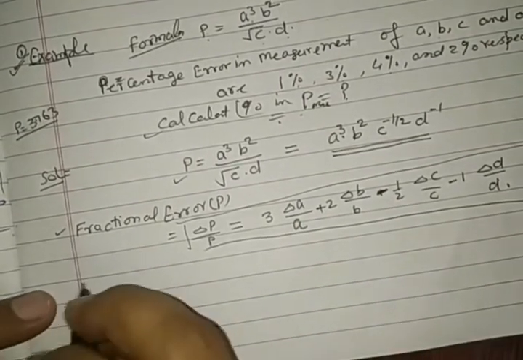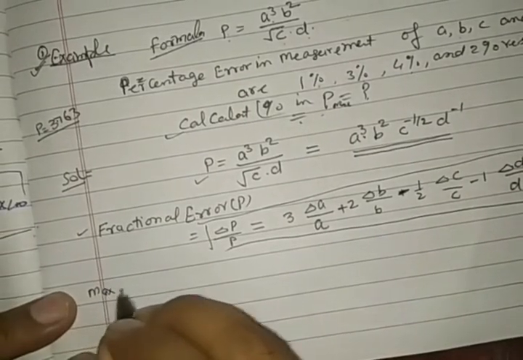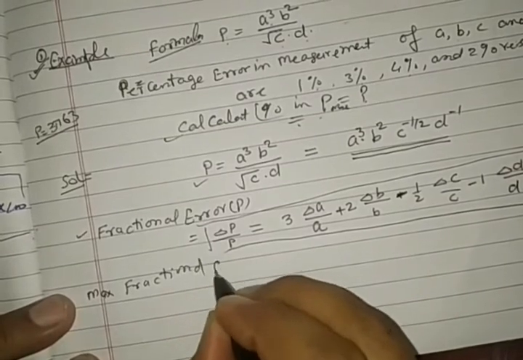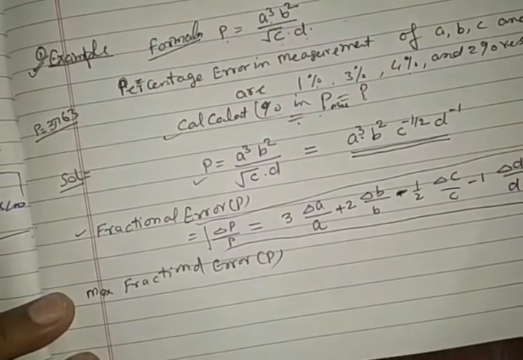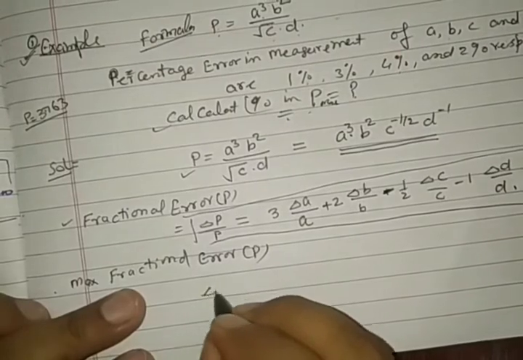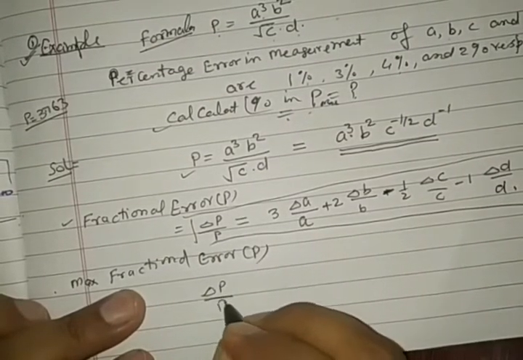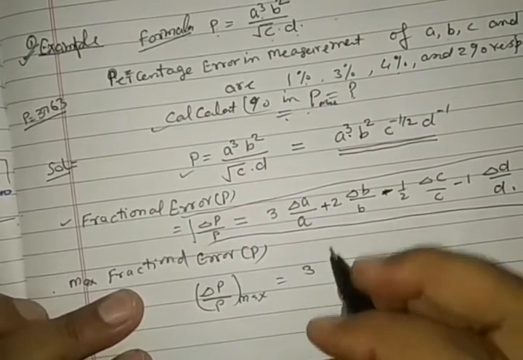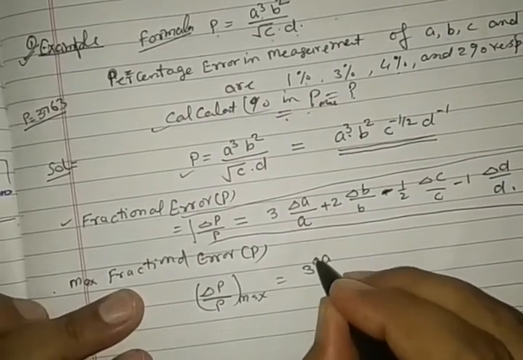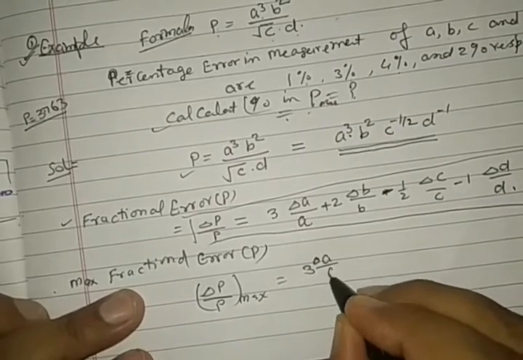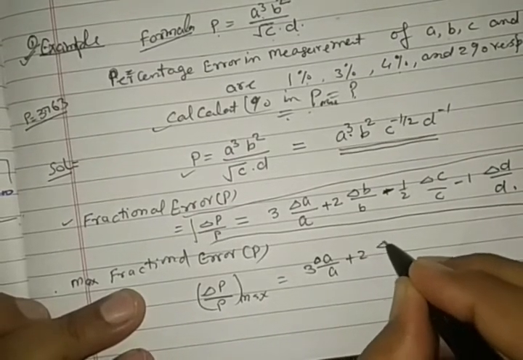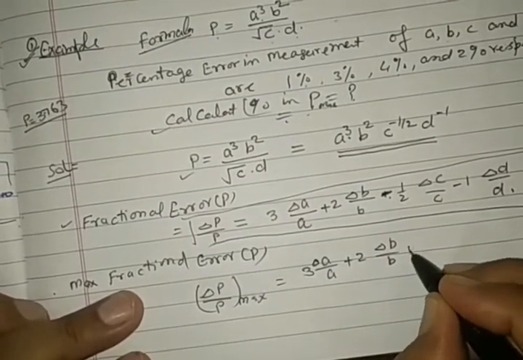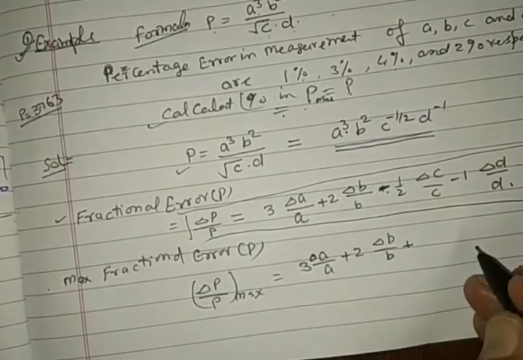Now if the maximum fractional error in measuring P is asked, then delta P by P max is equal to 3 delta A by A plus 2 delta B by B. See very carefully, here is a minus, but if it is called maximum, all minus will be converted into plus.